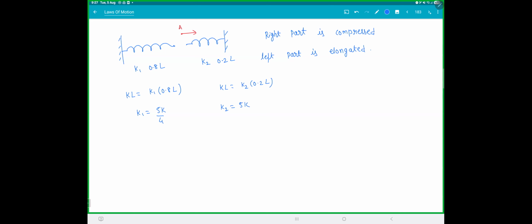So you can treat this whole system like, you can just assume an imaginary block A. On the right side, you're connected with a spring K2, which is 5K. On the left side, you're connected with another spring, 5K by 4. So you can replace the whole system with two different springs.